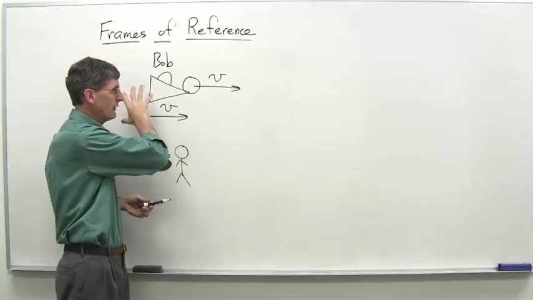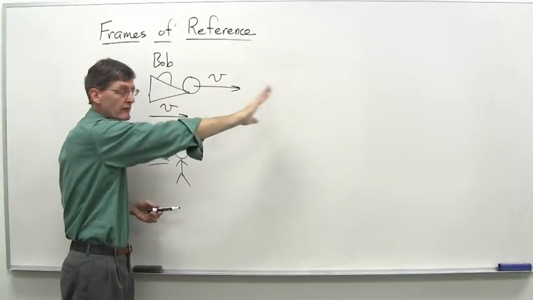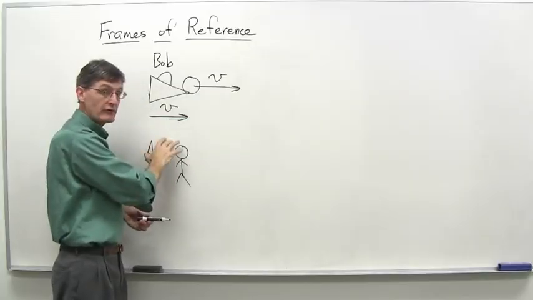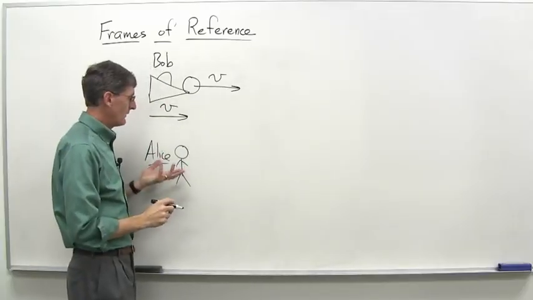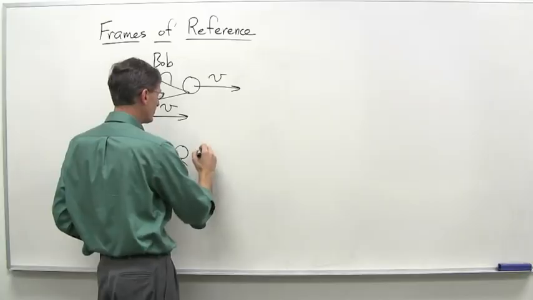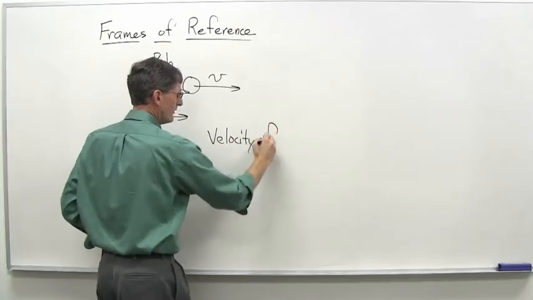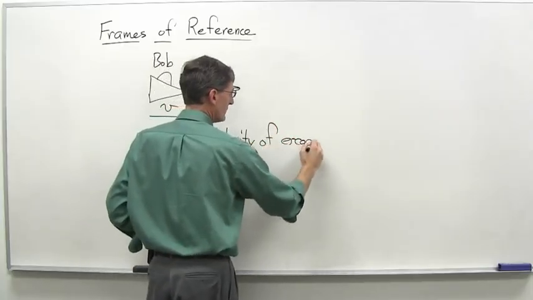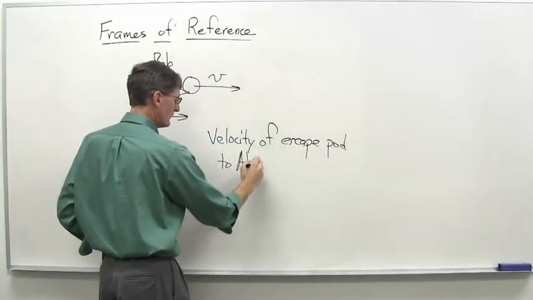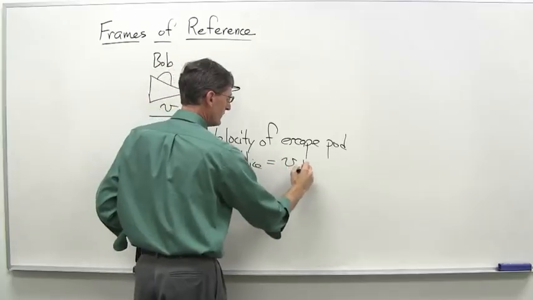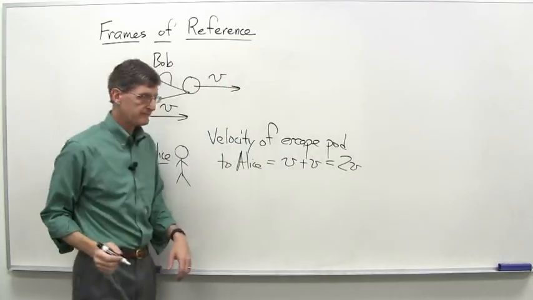If the escape pod is receding from Bob's ship at velocity v, and from Alice's perspective Bob's ship is going at velocity v, then the velocity of the escape pod to Alice equals v plus v, which of course is 2v.